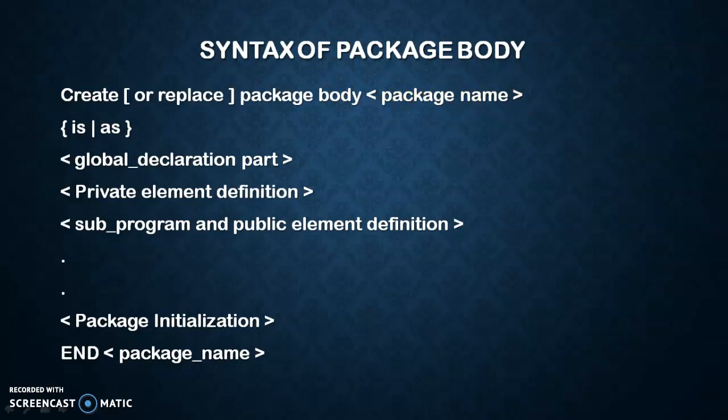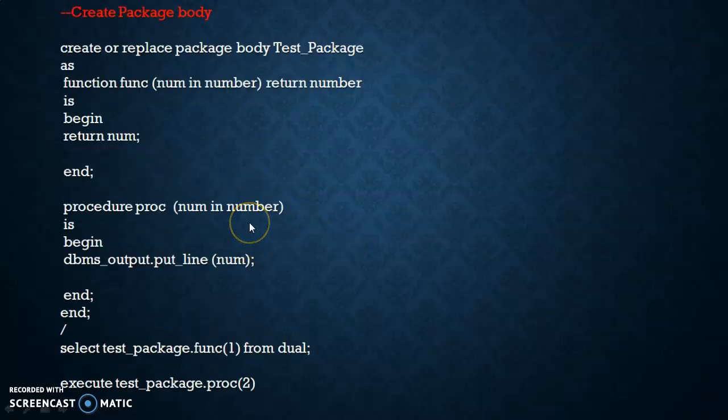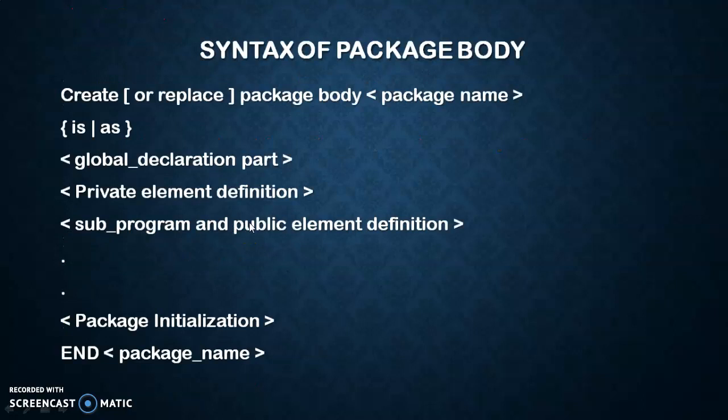That name will remain the same as the previous one, then is or as, whichever you have used, and then the global declaration part, then the private elements, and the subprograms and public elements, whichever you have given in the specification part. Here you have to define them again, or we can say you have to define their code, and then the initialization and then the end of the package.